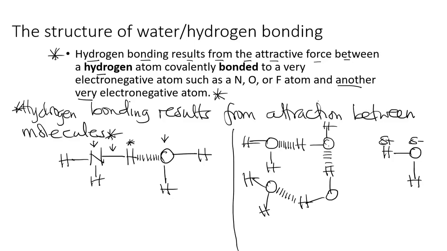That's what we are having here. This is partially positive, this is partially negative. Now this hydrogen here is partially positive, the oxygen here is partially negative. The hydrogen here is partially positive, the oxygen here is partially negative. So what happens is these partial negatives and partial positives attract each other.